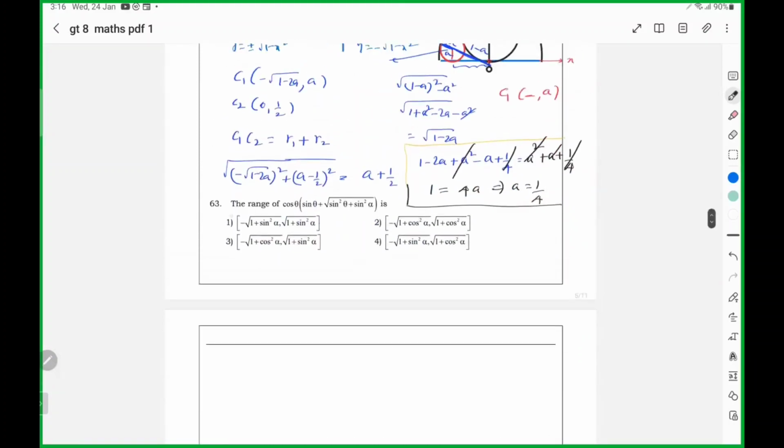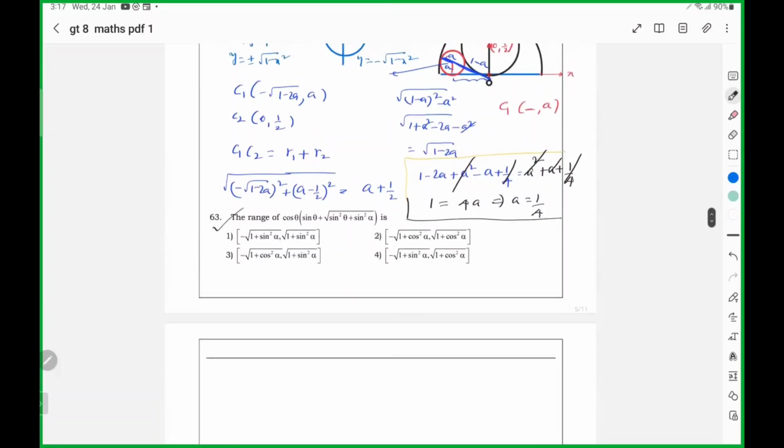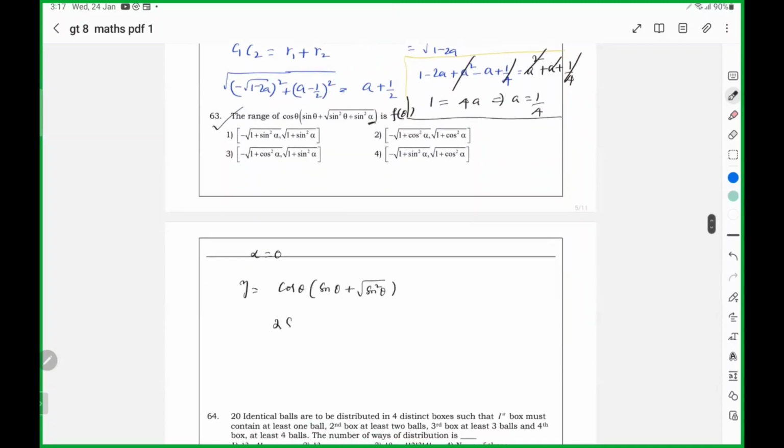And here, whenever he gives a generalization, what I suggest is, it is a function of theta. Alpha is just a number. I prefer alpha as 0. Y here is cos theta sin theta plus root of sine square theta. It becomes 2 sin theta cos theta, which is sine 2 theta.